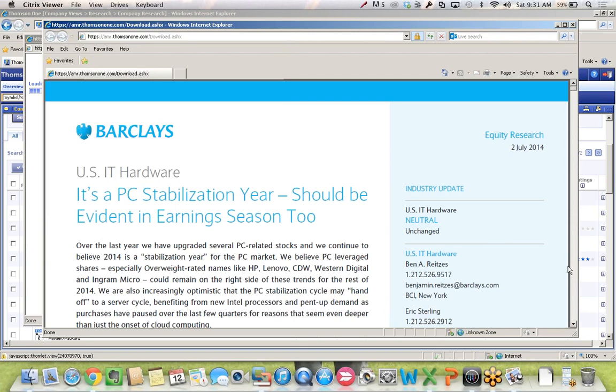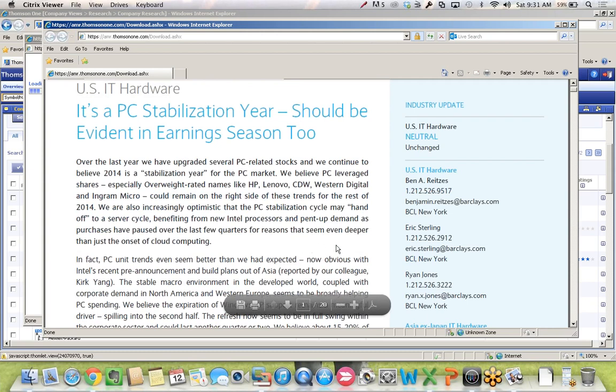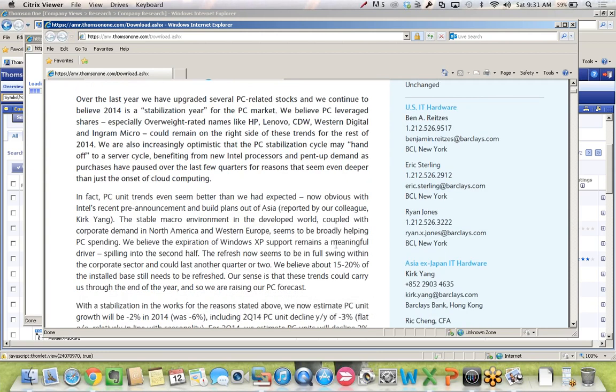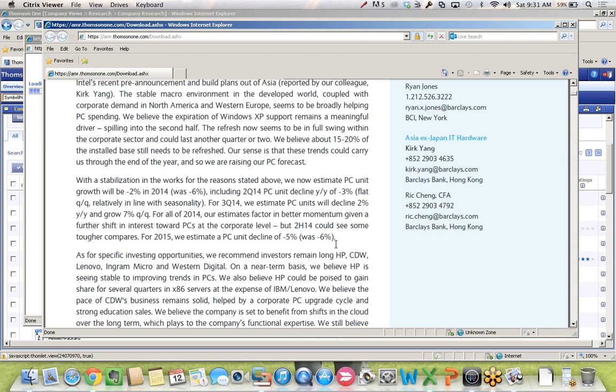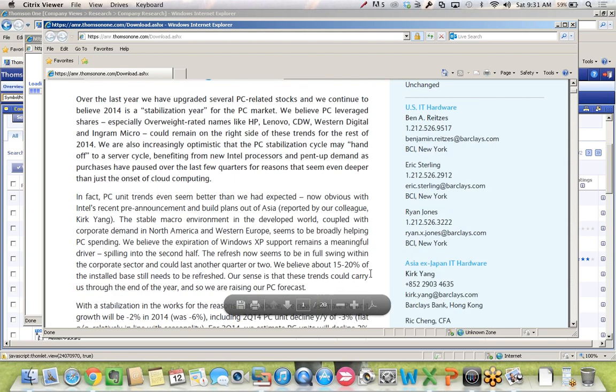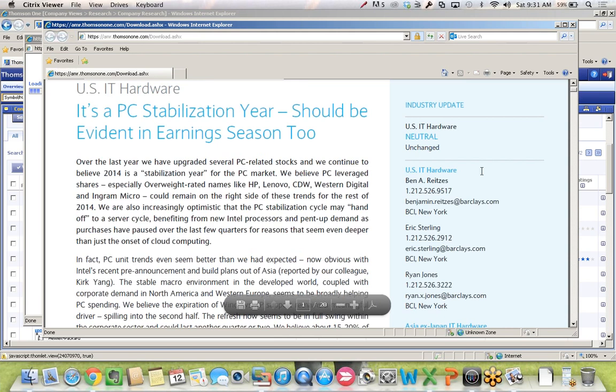So this is a July 2nd report, and they talked about how this is a stabilization year, PC trends better than expected, etc. Their recommendation here is neutral.